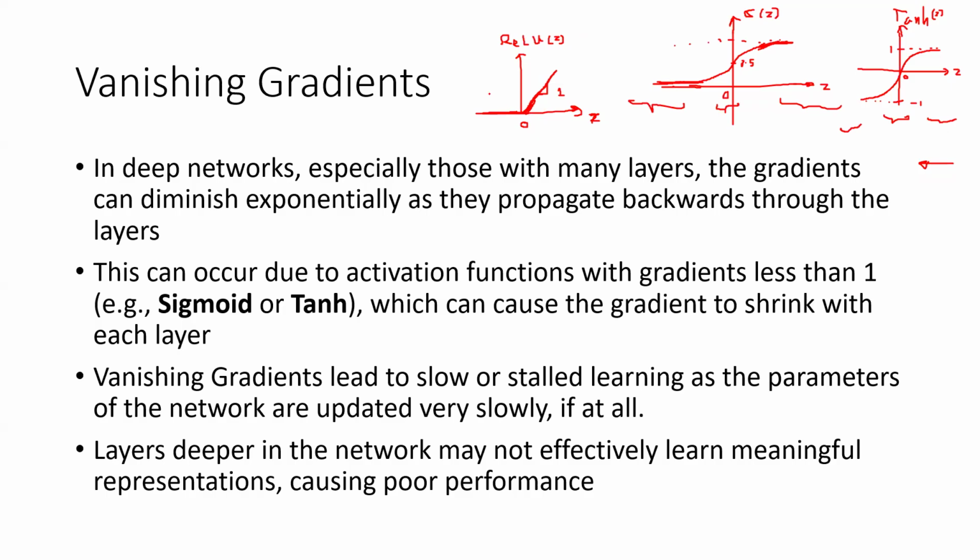That is the advantage of the ReLU function. Once the ReLU activation was found, we could add many more layers into the deep neural network, and there was a breakthrough in the field of deep learning. So that is how vanishing gradient problems affect the learning of deep neural networks.